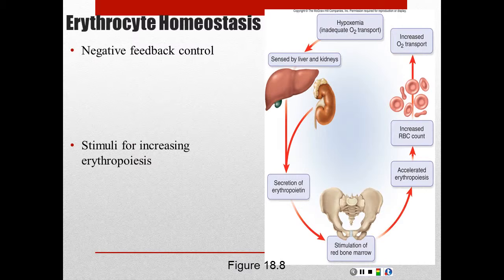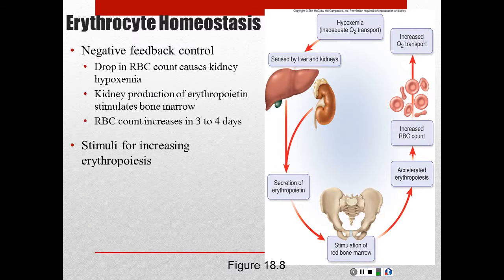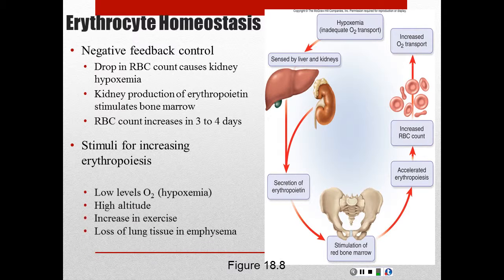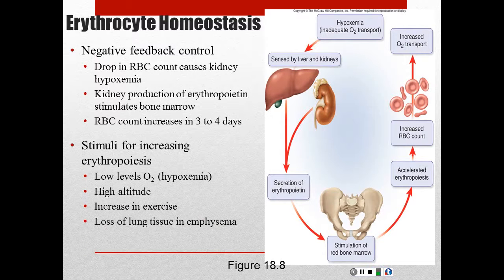Erythrocyte homeostasis, namely the red blood cell count, is maintained by a negative feedback loop. If the RBC count drops due to someone hemorrhaging, it can result in hypoxia.